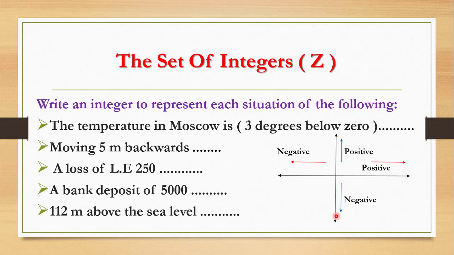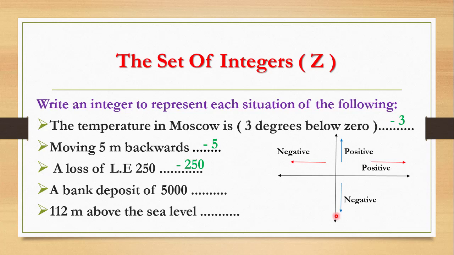We said all negative numbers are less than 0, so I'll use a negative number, negative 3. Moving 5 meters backwards: we said backwards is negative, forward is positive, so I write negative 5. A loss of 250 pounds means negative 250.